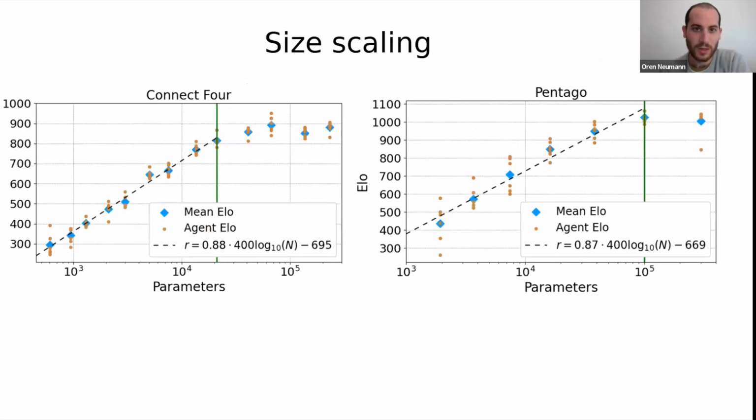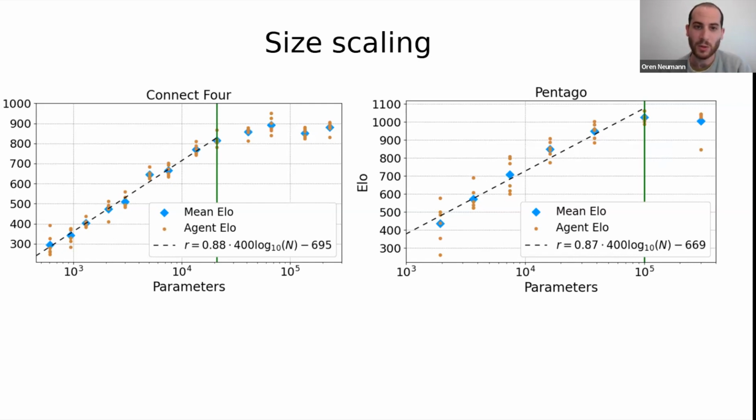So the first thing we saw is size scaling. Here you have 2 different plots for Connect 4 and Pentago, but they show the same thing. In both of them, we plot ELO. This is the standard metric of success, of ability to play, in multi-agent reinforcement learning.